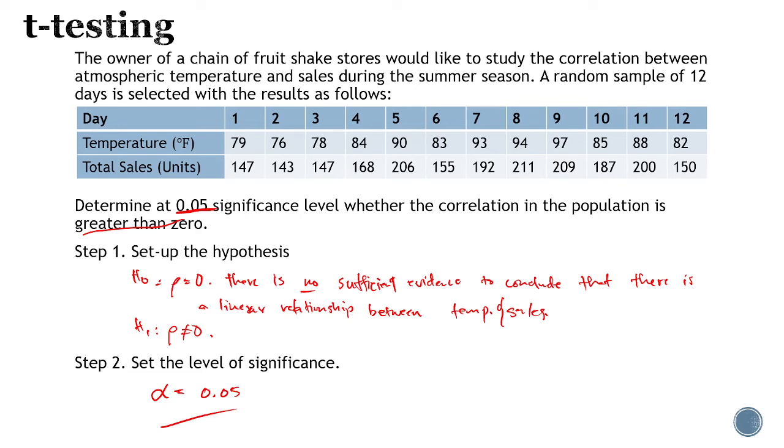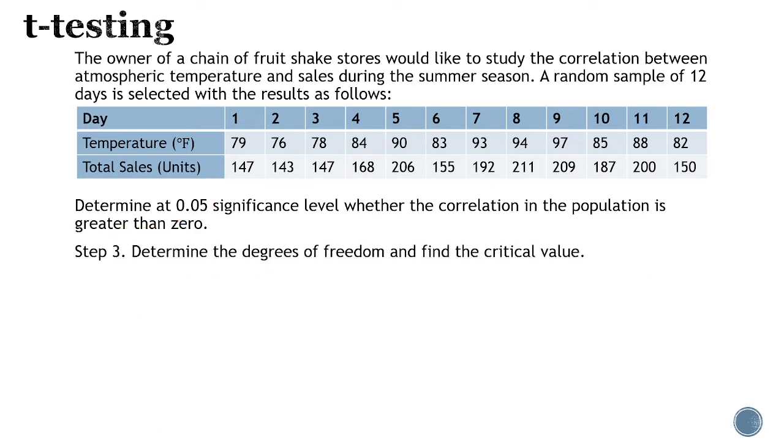And for step 3, maalala nyo, ang step 3 natin is we need to determine the degrees of freedom and find the critical value. So, for that one, all we need to do is just get the n. As you may see here, we have 12 days, meaning to say our n is equal to 12. So, for the degrees of freedom, it is just 12 minus 2, which is actually 10.